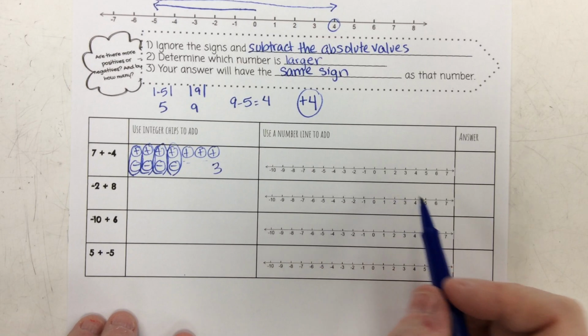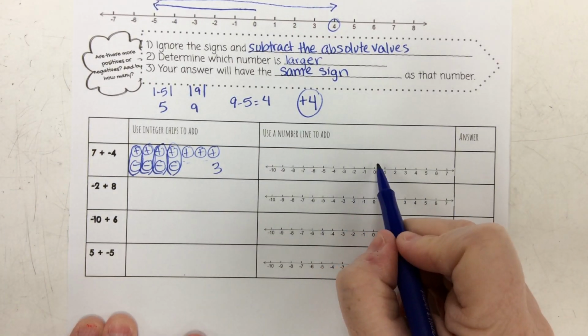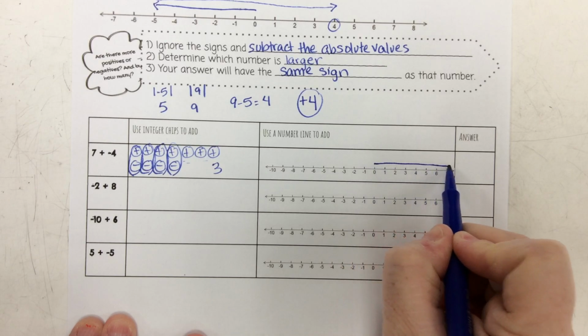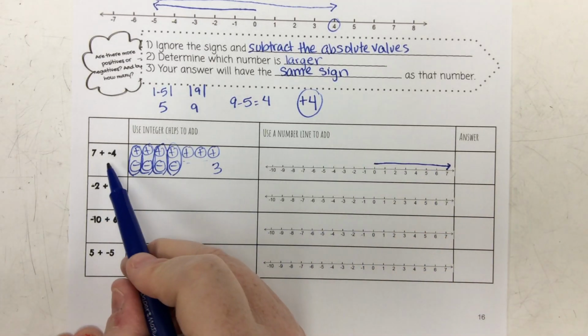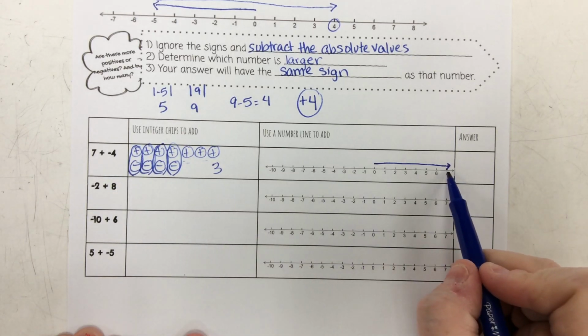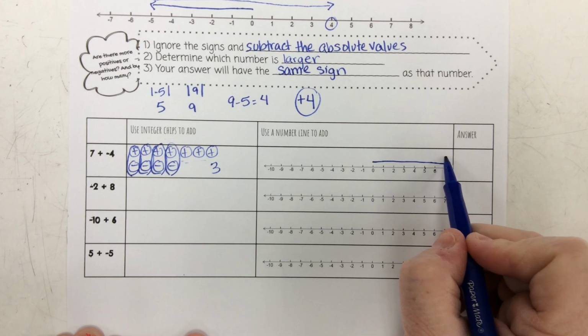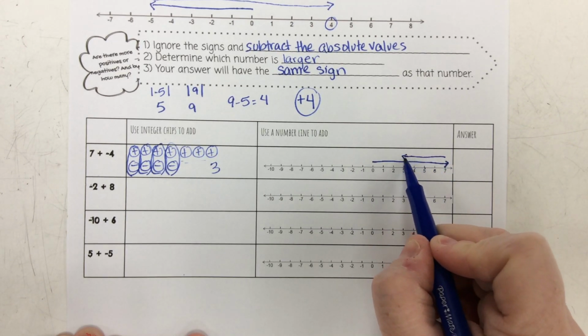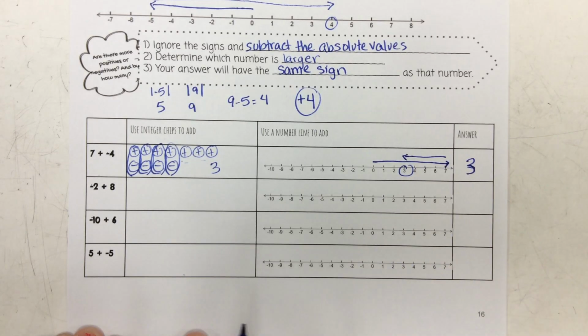I'm going to start at 0, and I'm going to go 7 spaces in the positive direction because my first number was a positive 7. Now I'm going to go 4 spaces in the negative direction so I can count. 1, 2, 3, 4. I'm going to go over there to that 3. And that is my answer. Oh, that's a messy 3, sorry.